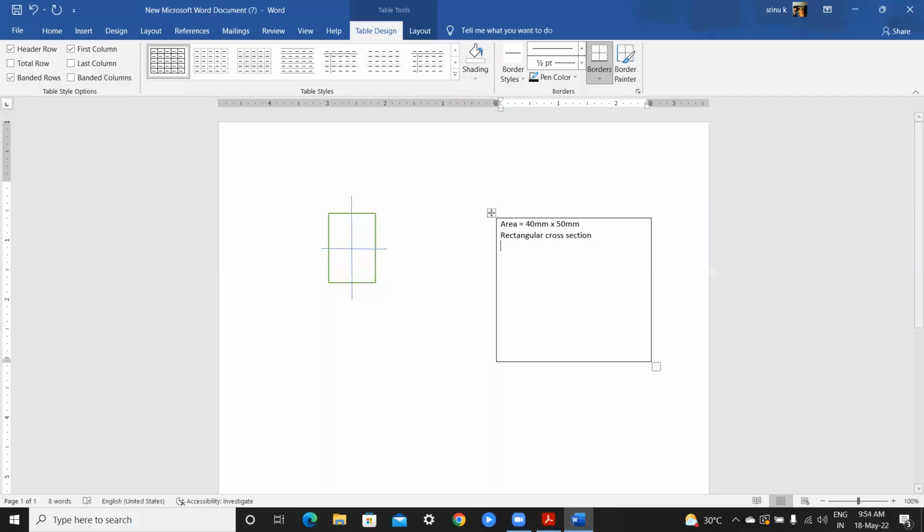Next, they gave Young's modulus, meaning the elasticity of that material.